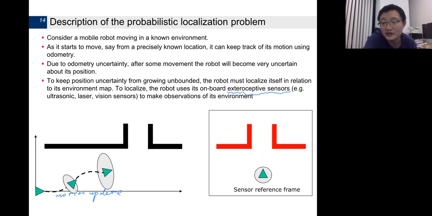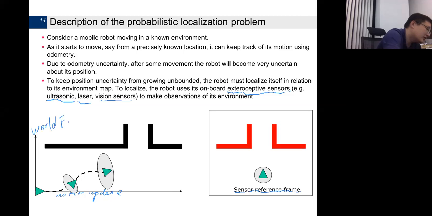Exteroceptive sensor means you can observe the environment outside yourself, like ultrasonic, lidar, or vision. This is not the world frame, this is the world frame. This is the sensor frame, or you call it the robot frame.